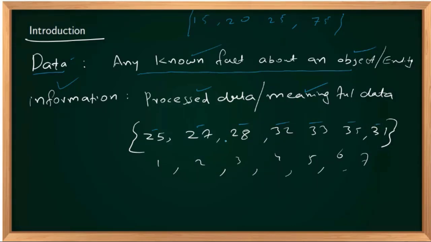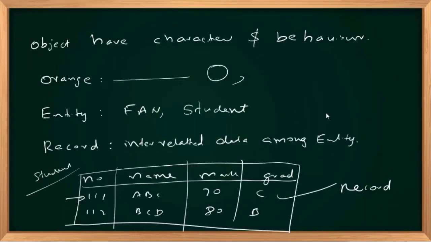These are data. When I provide meaning, that this is the first number, this is the second number, third, fourth, fifth, sixth, seventh, or that the first person's age is 25, second person's age is 27, third person's age is 28, like that, these are meaningful information. Meaningful data is called information.